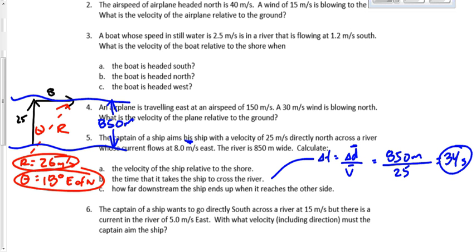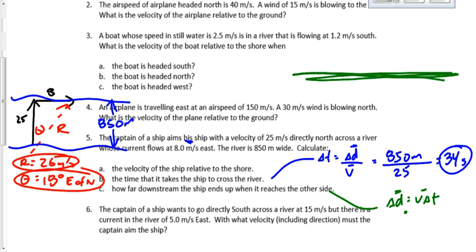How far downstream does the ship end when it reaches the other side? Well, again, we're going to say D is equal to V times T, right? If I want to find out how far downstream it goes this way, then what velocity do I need to use? What is it? 8, yeah. If I'm finding the displacement to the east, then I need to use the velocity to the east. 8 times 34, can I use 34?